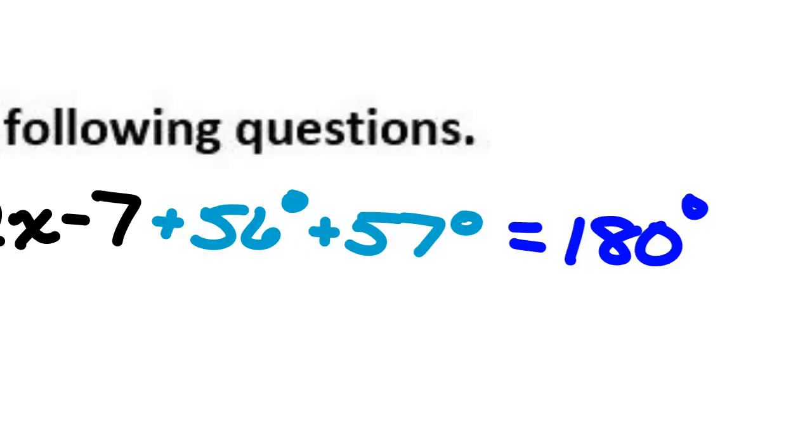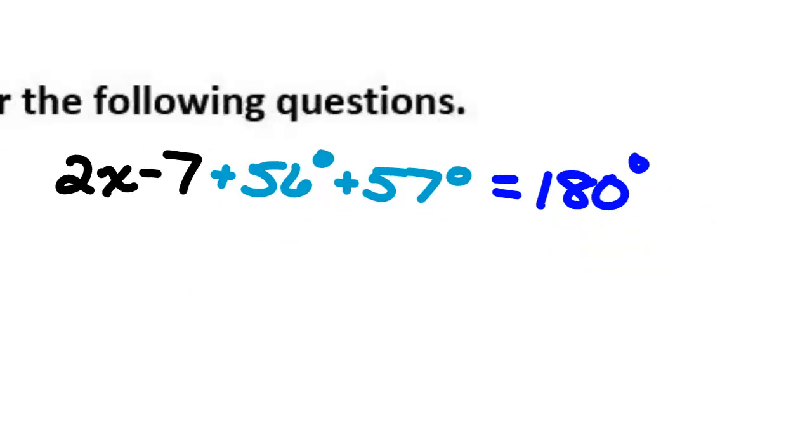So then we're going to combine our like terms together: negative 7, 56 and 57, which is going to add together to give me what? How much? You forgot the minus 7 part. 106.